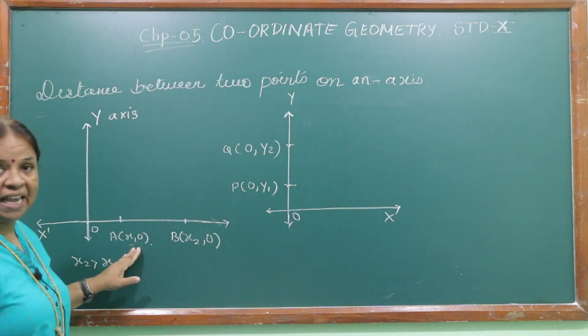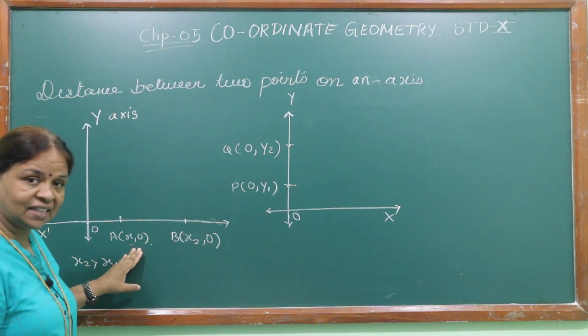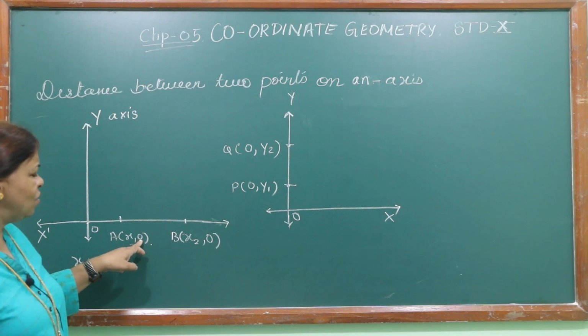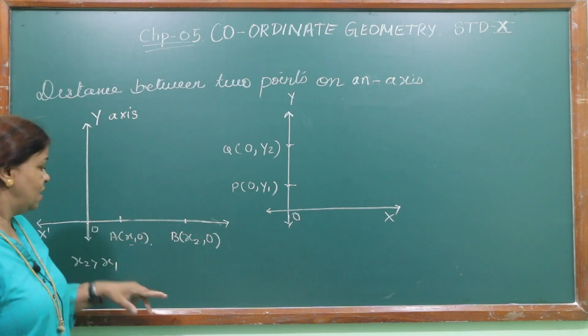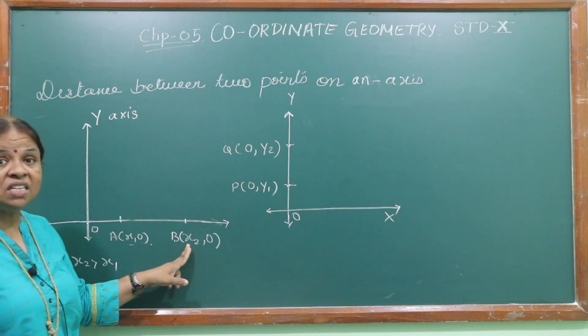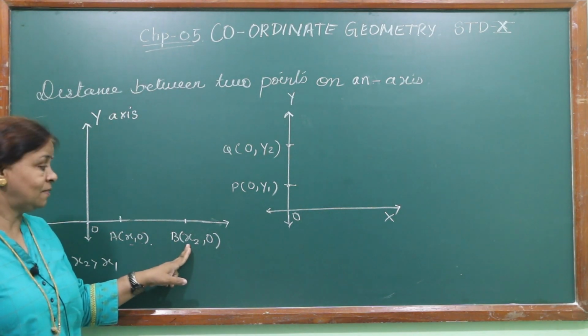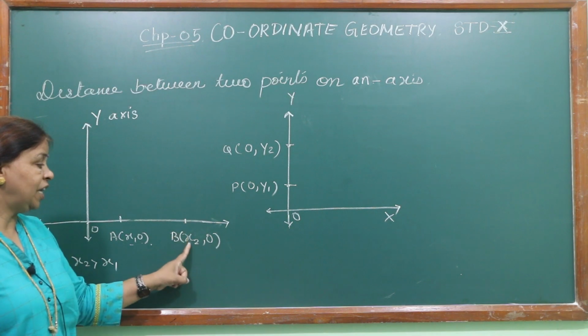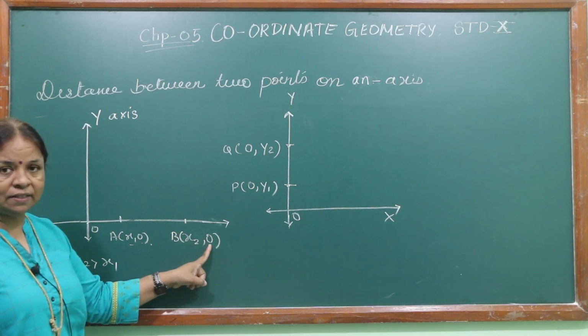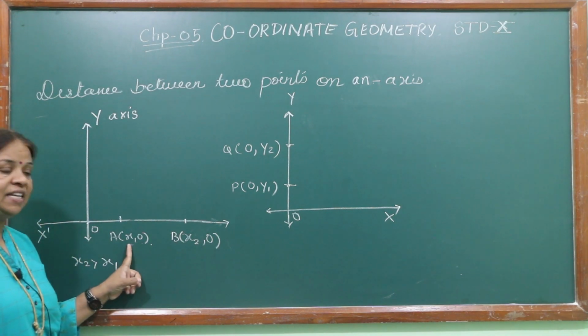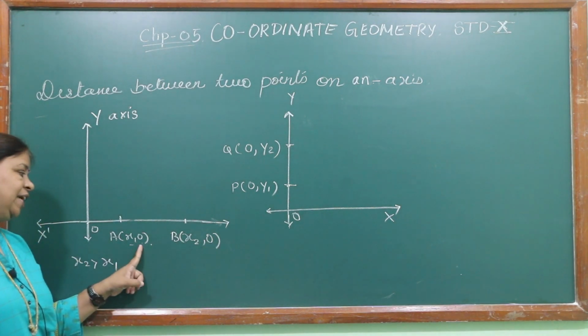Since the point A is on the x-axis, its y coordinate will be 0 because it is directly on the x-axis. Similarly, point B is also on the x-axis. Its x coordinate is x2 and y coordinate is 0. Here the x coordinate is x1 and y coordinate is 0.